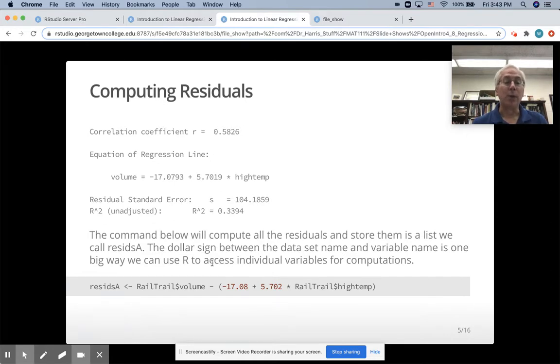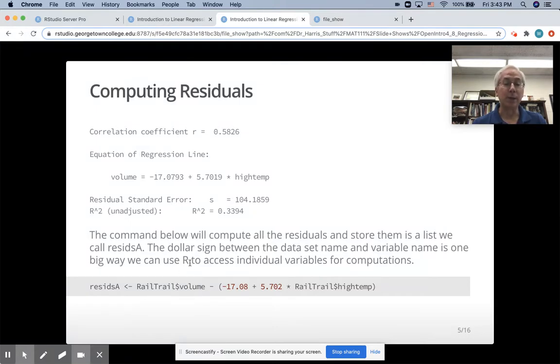Here's what we can do once we've got the regression equation to find the residuals. We're going to require a little bit of different setup than what we've seen before in our RStudio commands. We're going to store our residuals in a variable called resids_a. This command will allow us to compute all of the residuals all at once. The construction that we need is the data set name, $, variable name.